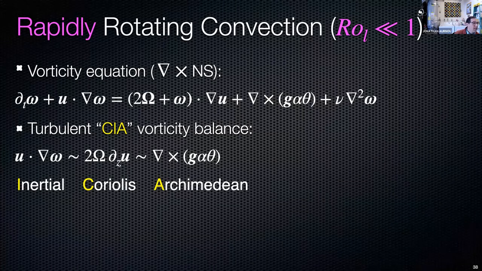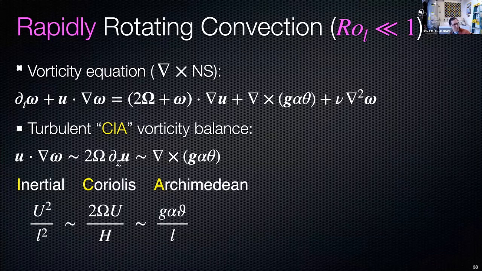And so we're going to claim that if there's diffusion-free turbulence in a rapidly rotating quasi-geostrophic system, then that will essentially be a balance between inertia, Coriolis, and buoyancy torques, okay? And it's called Archimedean because I guess CIA sounds better than CIB. I don't know, but it's always how I've seen it.